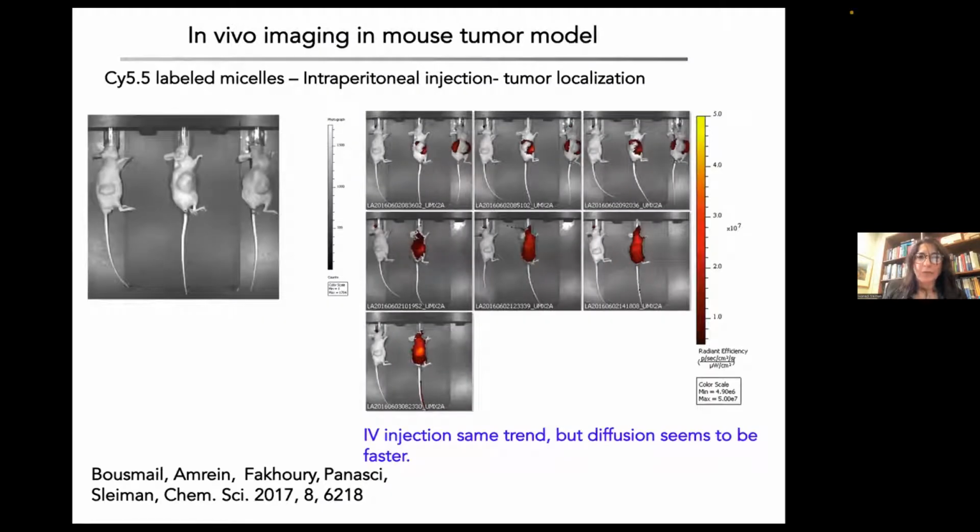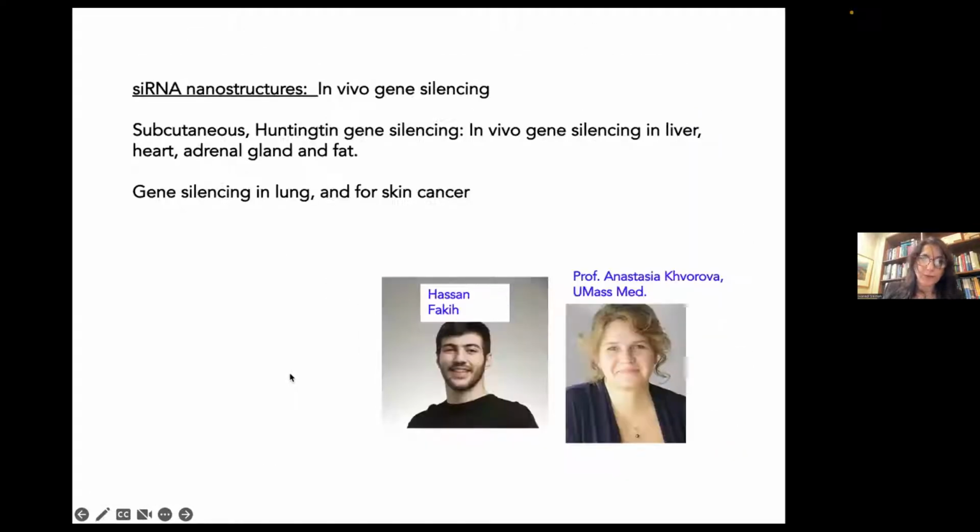Okay. This is a study in tumor models where we see that they also concentrate in the tumor. And so they are quite promising. What's the most promising right now for us is, of course, in vivo gene silencing. Our first studies with some of our molecules have shown that indeed our particles or our structures are capable of gene silencing beyond the liver.